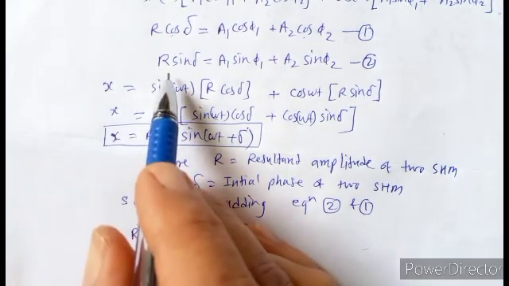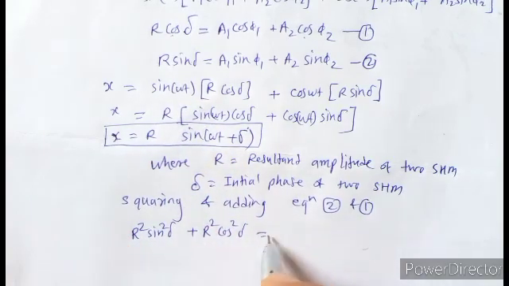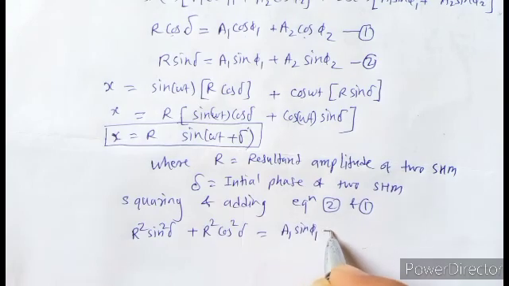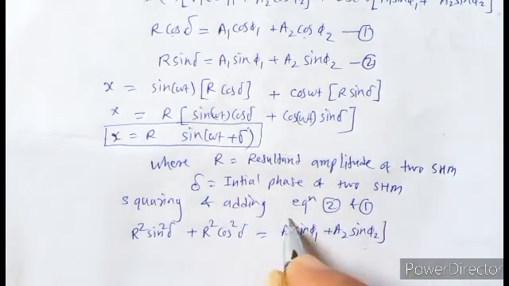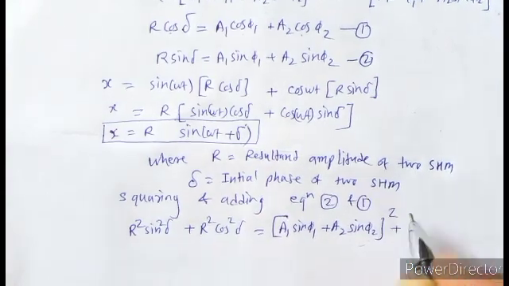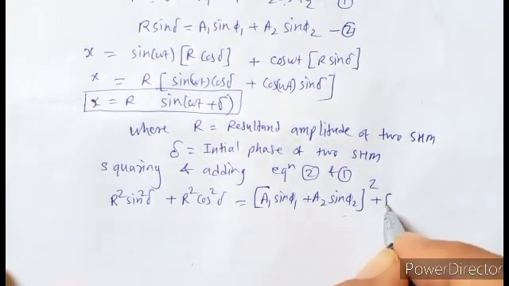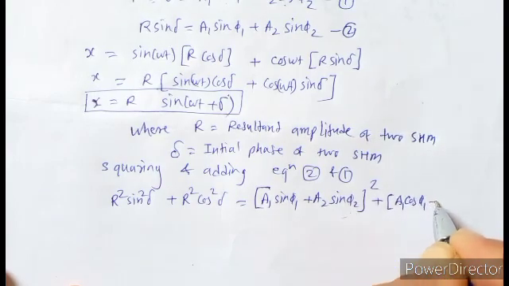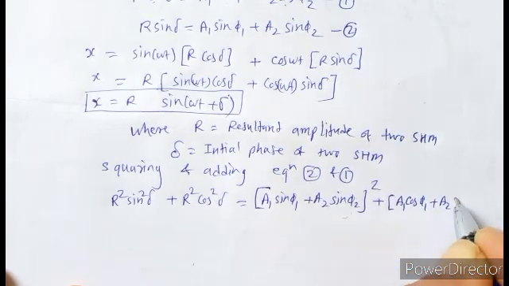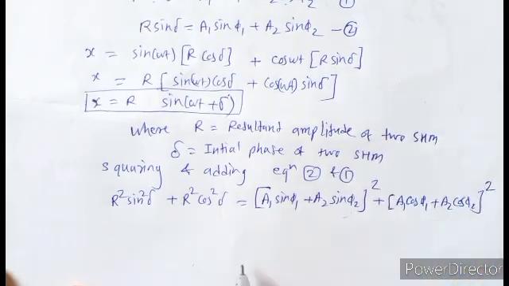So make the square of LHS and add together. Now RHS: a1 sin phi 1 plus a2 sin phi 2 whole bracket square plus inside bracket a1 cos phi 1 plus a2 cos phi 2 and whole bracket square.